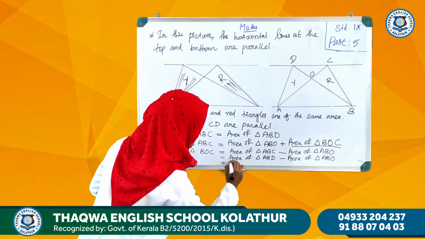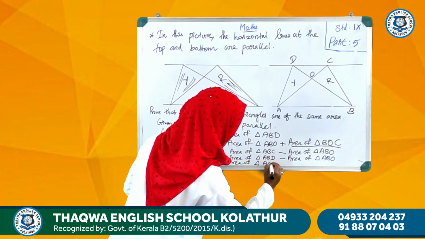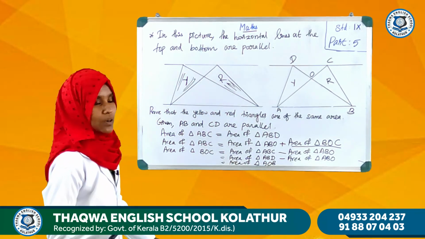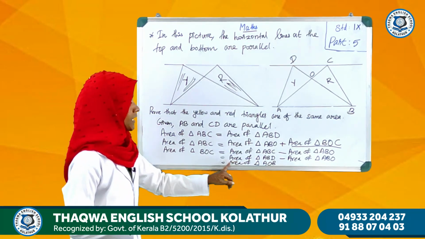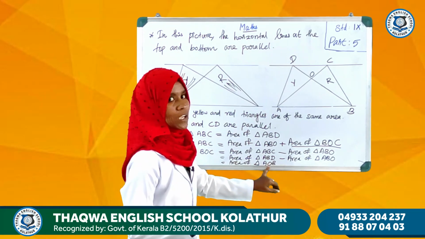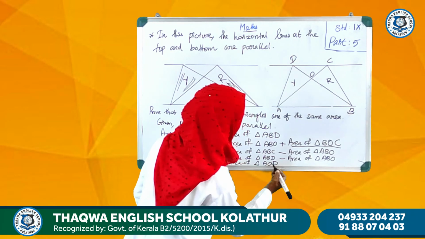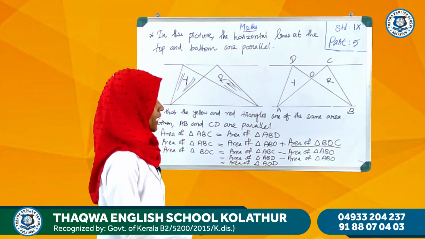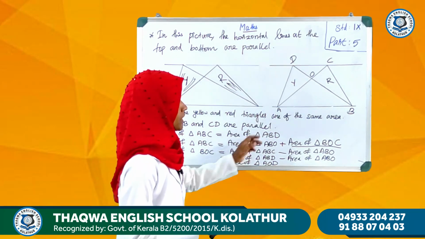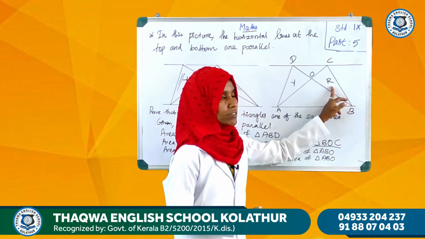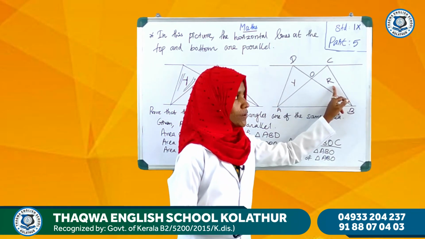Okay, so area of triangle BOC equals area of triangle AOD. Okay, area of triangle BOC equals area of triangle AOD. That is, we can say that the areas of yellow and red triangles are same or equal.